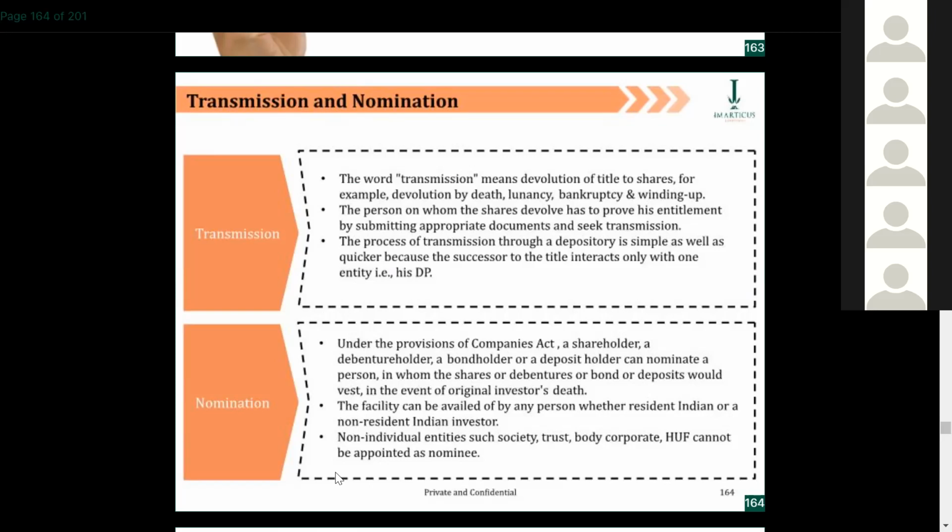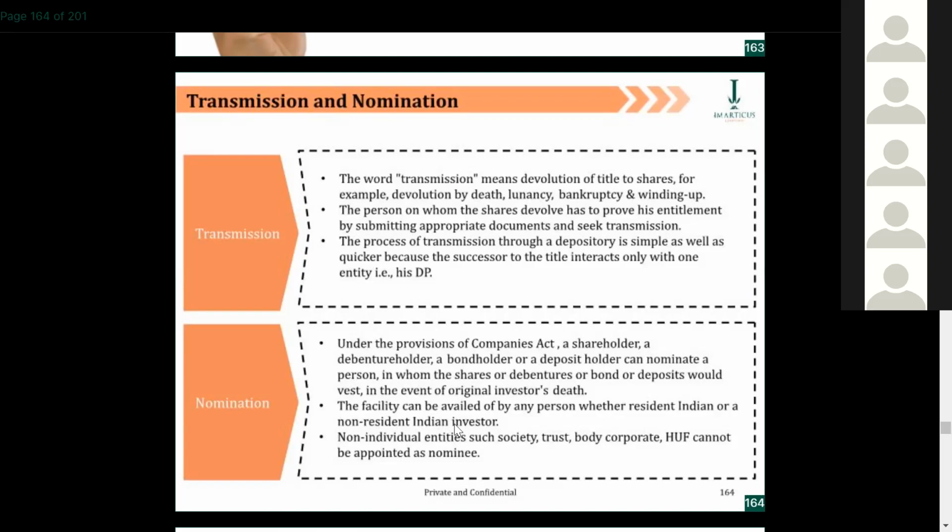Non-individual entities cannot nominate because they are all going concerns. That means their existence will not depend on the existence of the director or the authorized signatory. So they are going concerns. They will even survive if the Karta, for example, dies.